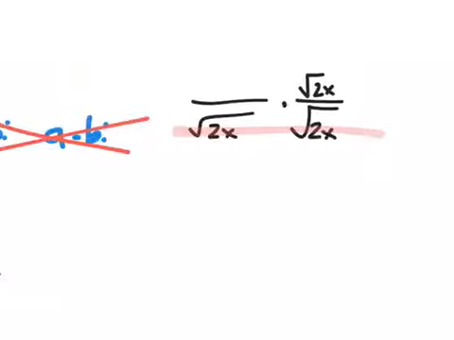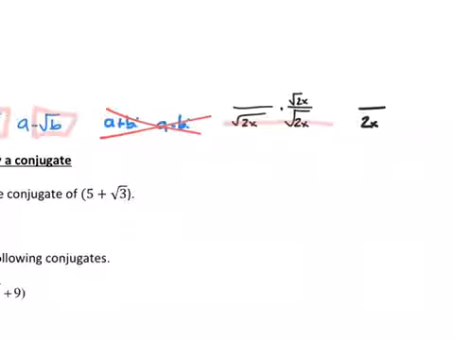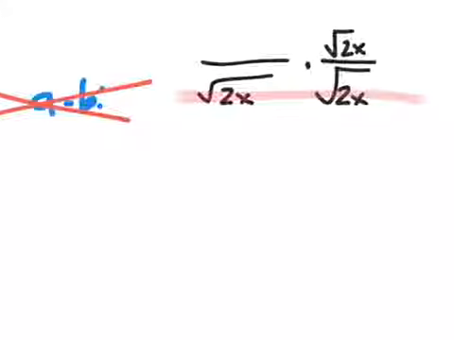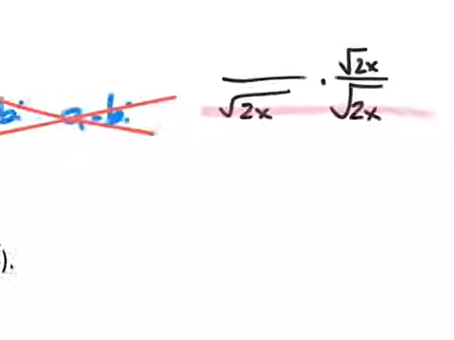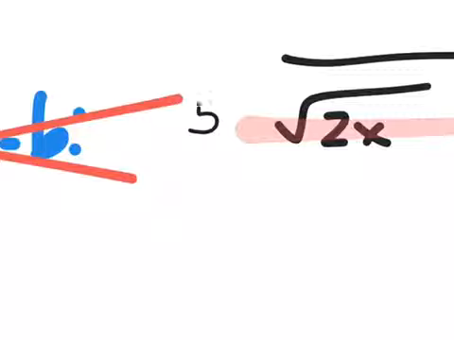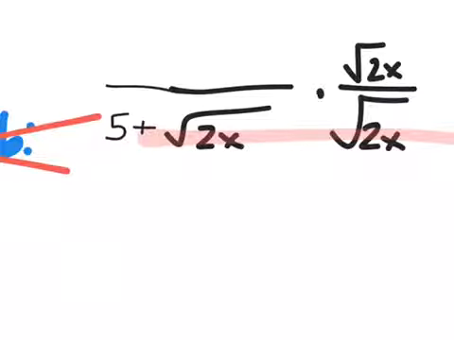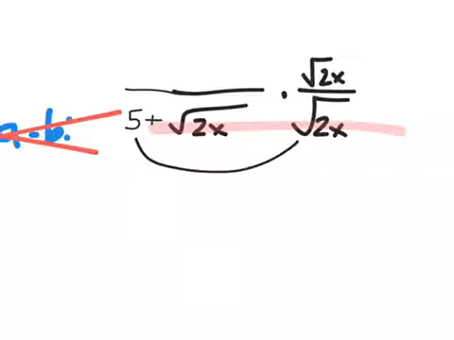When we multiplied straight across, we were able to free the denominator from having any radicals in it. Now, what this section is going to be about is, what would we do if instead of it being just the square root of 2x down there, I put a 5 plus, or any number plus, in front of it? Now, when we multiply, the 5 would get distributed to that, and the square root would still be around.